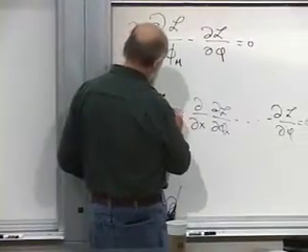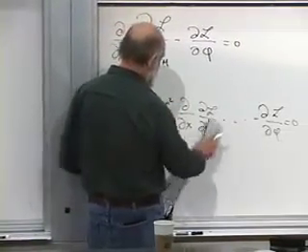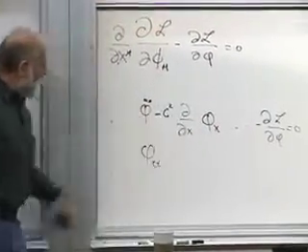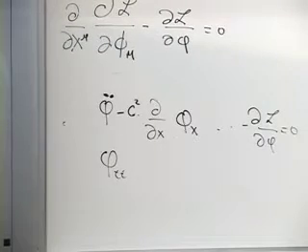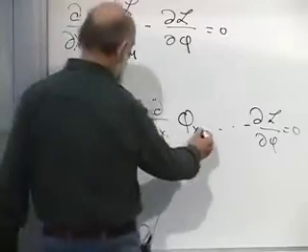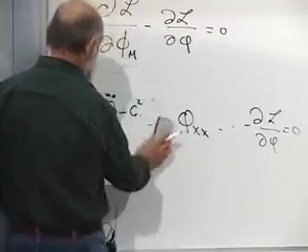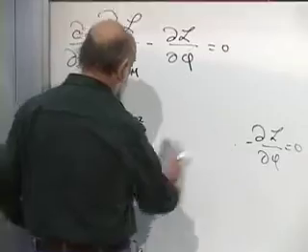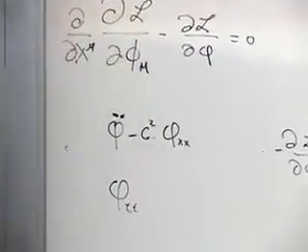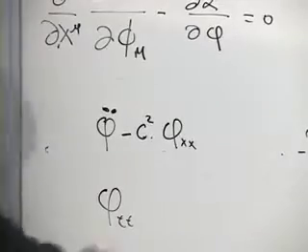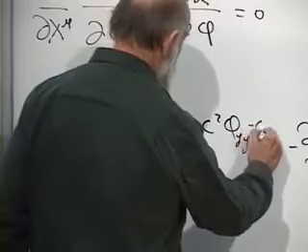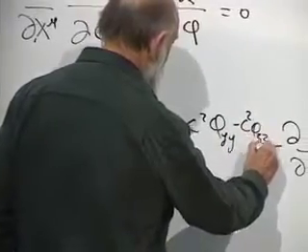Minus c squared phi x. What's the derivative of phi x with respect to x? Phi xx. 2 derivatives. I'll write it out in longhand in a moment. And likewise for y and z. So there's minus c squared phi yy, minus c squared phi zz.